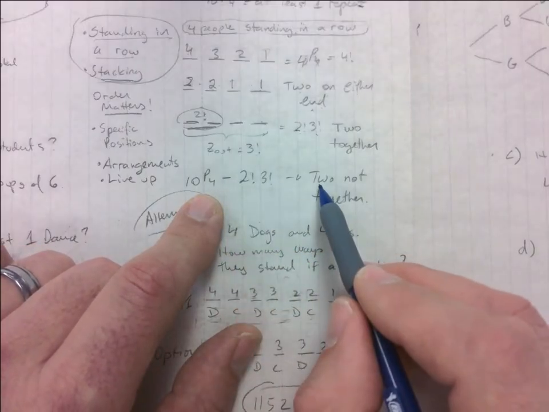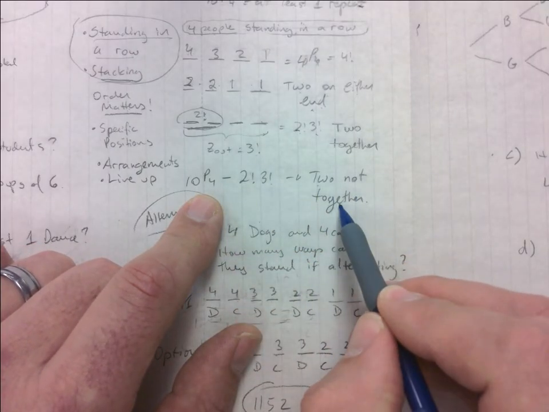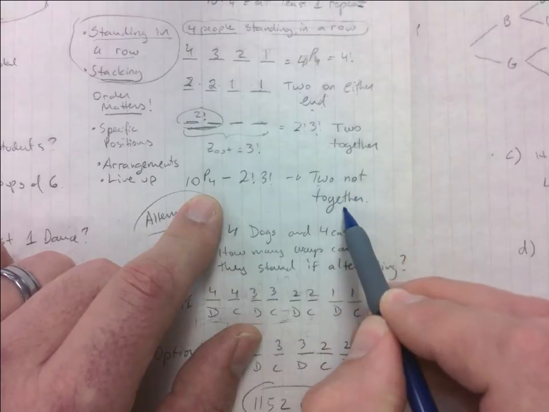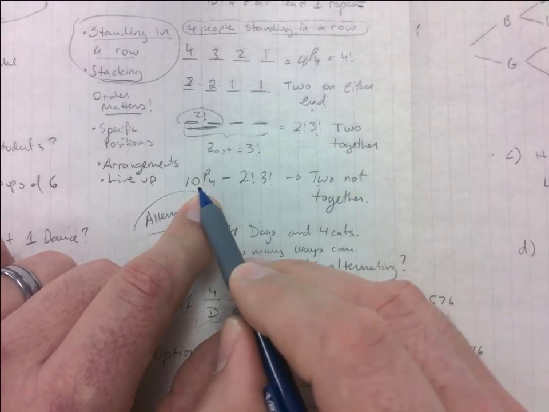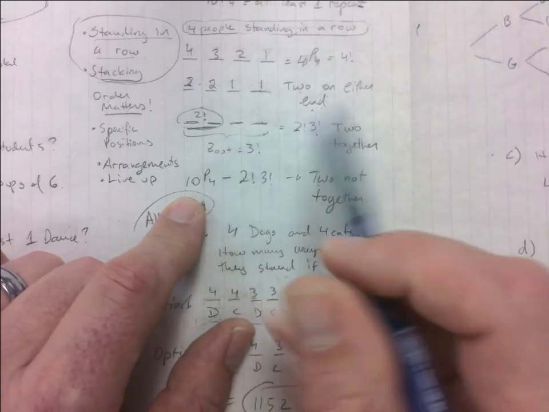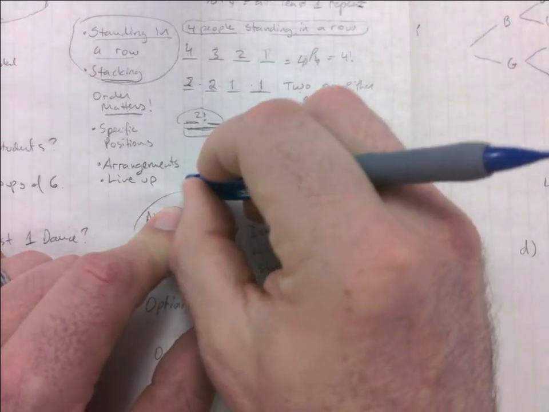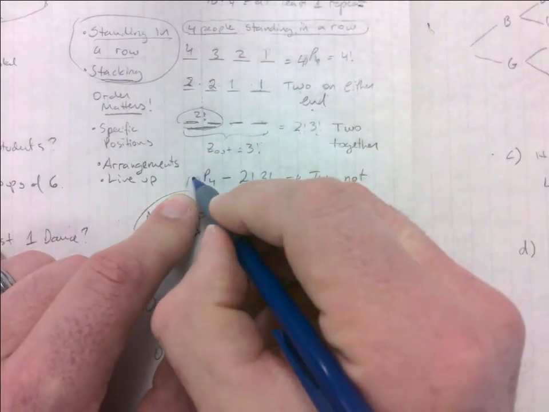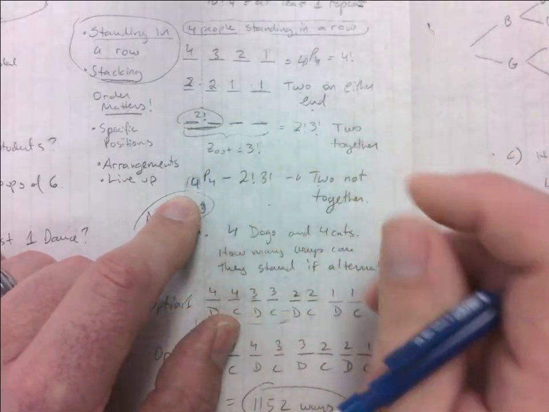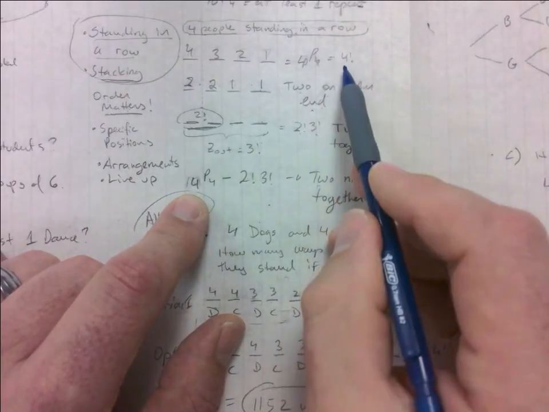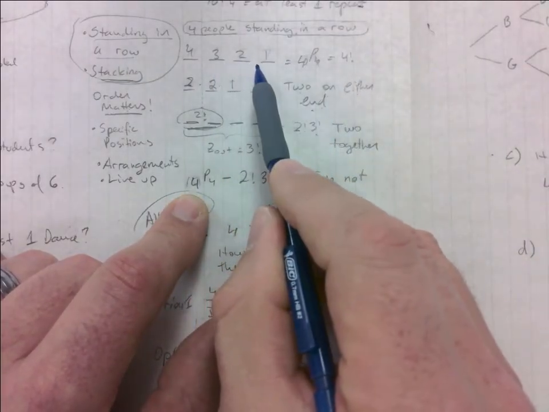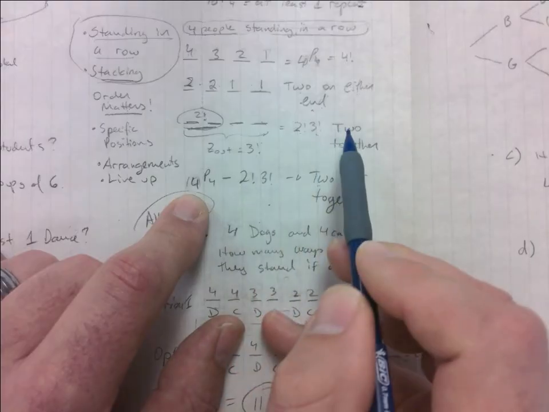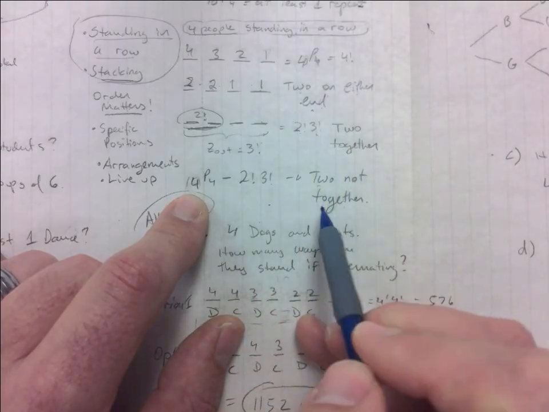If it asks how many ways can they not be together, 2 not together, in this case, you would take 4, why is there 10p4? My bad. That is 4 pick 4. Okay, 4 pick 4, that is all possible ways of arranging them, minus them being together, and then you have not together.